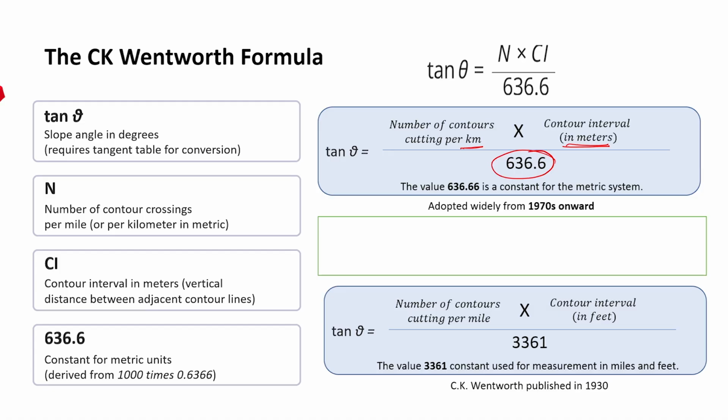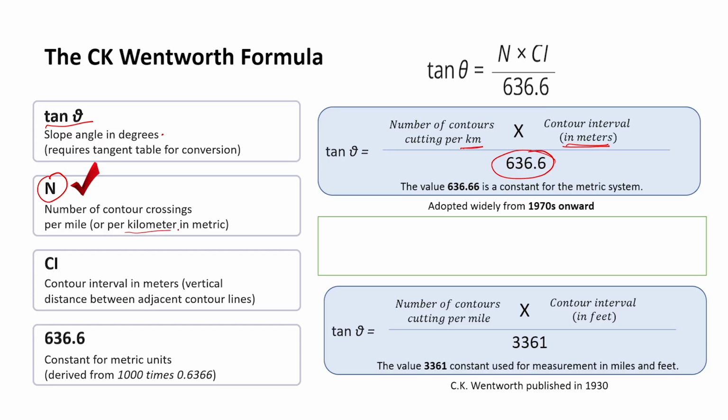Let us see, tan theta here is the slope angle in degrees. The next here is n. N represents the number of contour crossings per mile or, depending on your unit, per kilometer. Then we have something we call Ci. This is contour interval. Contour interval is also constant. It is either in meters or in feet.